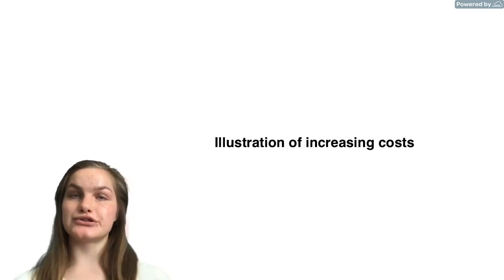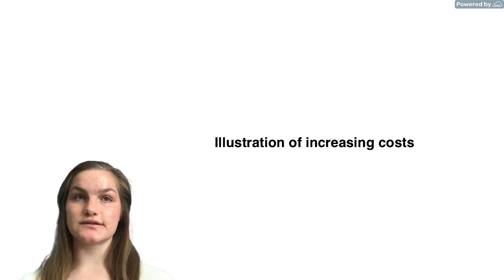3.2, illustration of increasing costs. So Figure 3.1 shows the hypothetical production frontier of commodities X and Y for Nation 1 and 2. Suppose that Nation 1 wants to produce more of commodity X starting from point A on its production frontier.